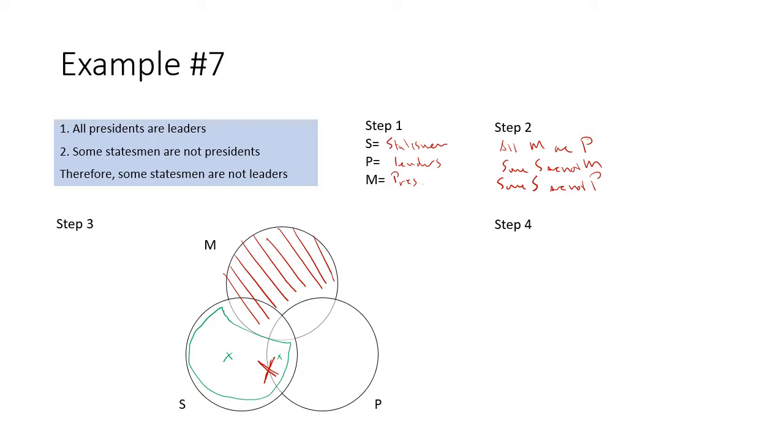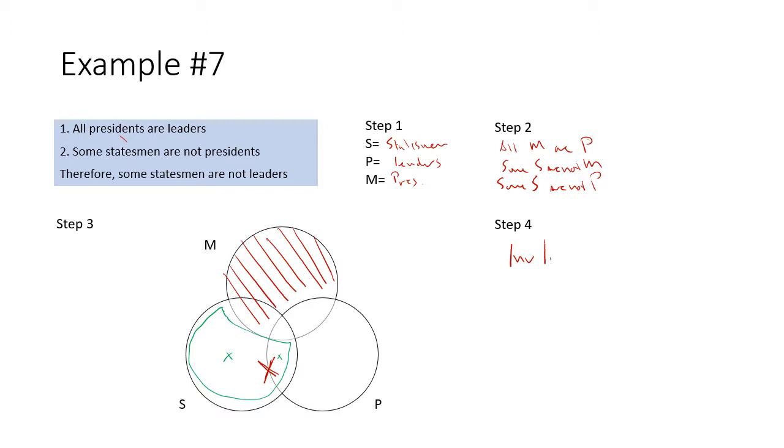In this case, some S are not P. We have a situation where the X is on the line, and as I said, it could be in the area on the left, which would be an S that isn't a P, but it could be in the area on the right, which is not an S that is not a P. Because of that indecision, because we don't know for sure, we have to say that the argument is invalid.